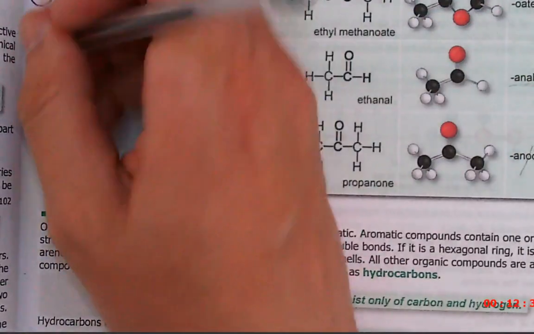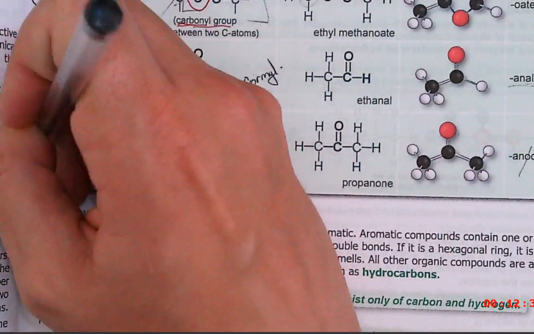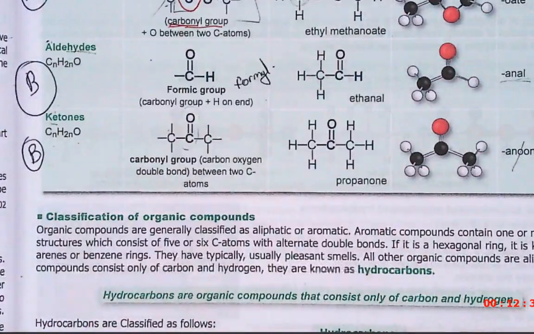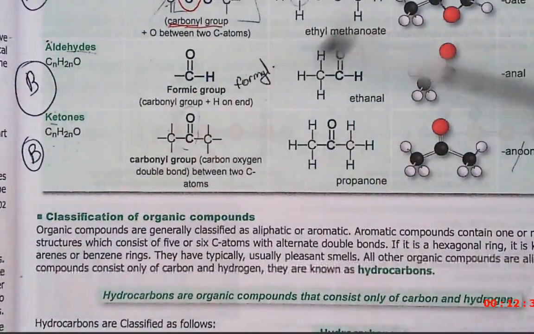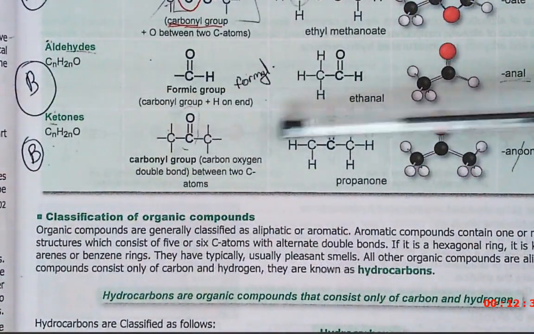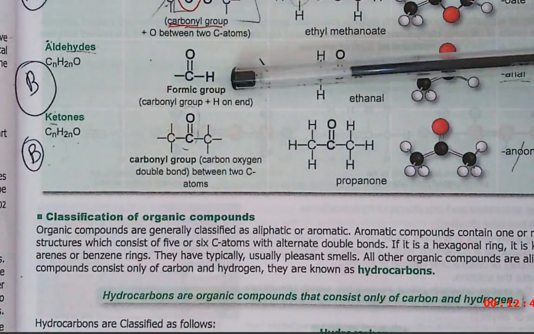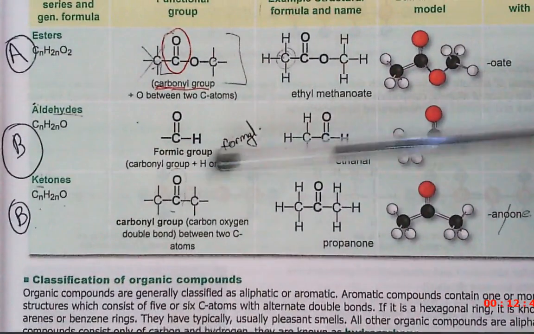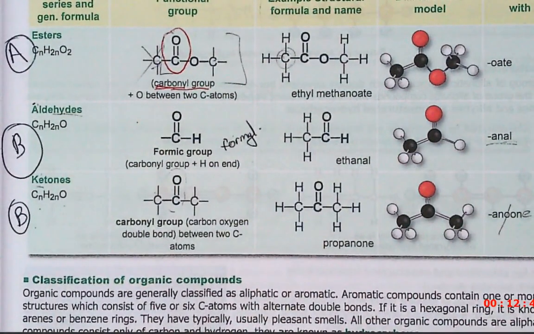Now these two we're going to combine as well. Let's call that B and B. What do aldehydes and ketones, looking at this functional group here, have in common? They both have carbonyl groups.